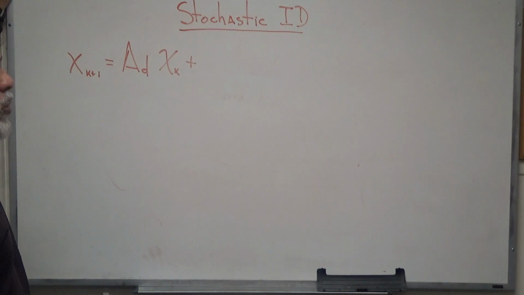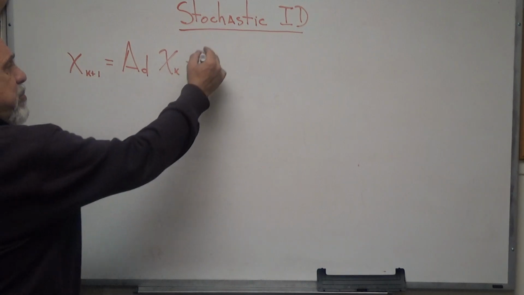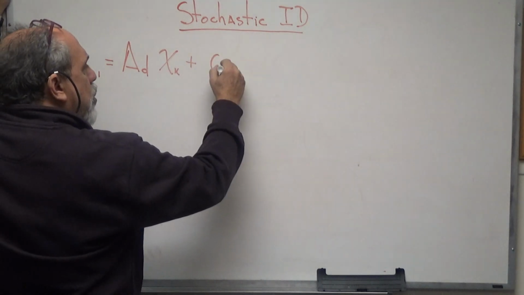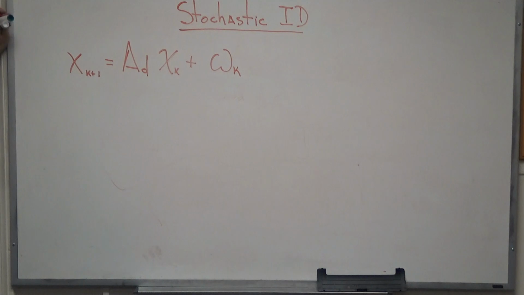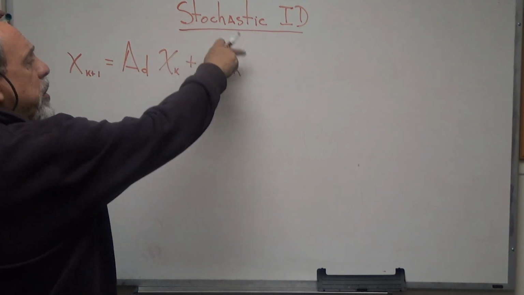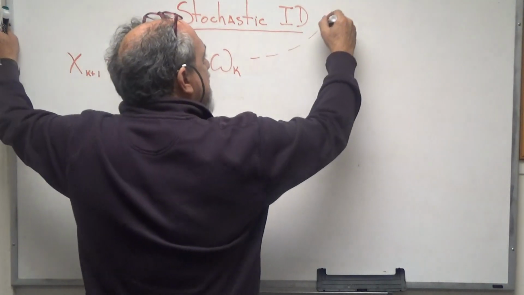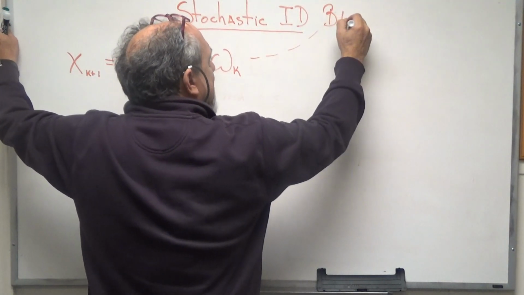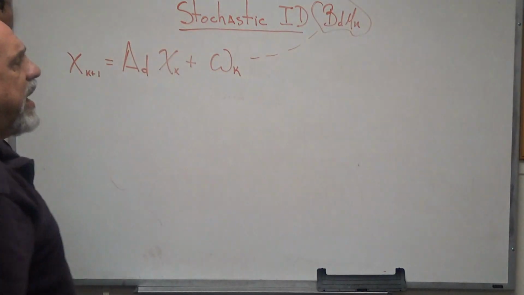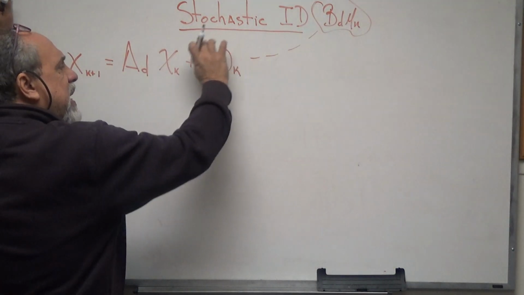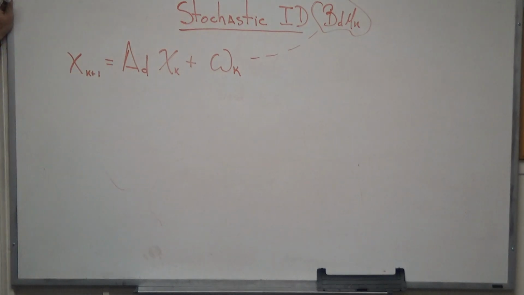Now, since we don't know what the u_k are or where they are applied, instead of putting B_d u_k, we replace it by omega_k. Remember, the fact that we don't know it doesn't mean that it doesn't exist. There is some B_d u_k hidden in there. We just don't know what it is, and so we are simply saying it's w_k. Okay?